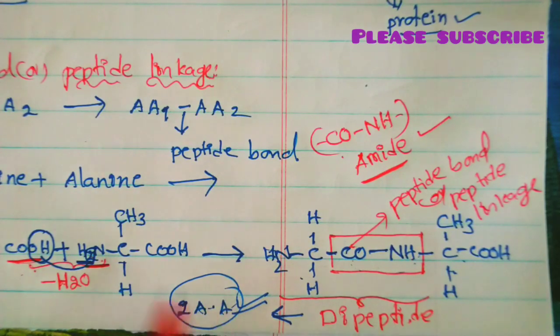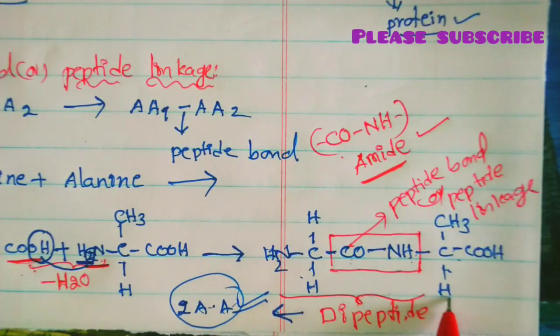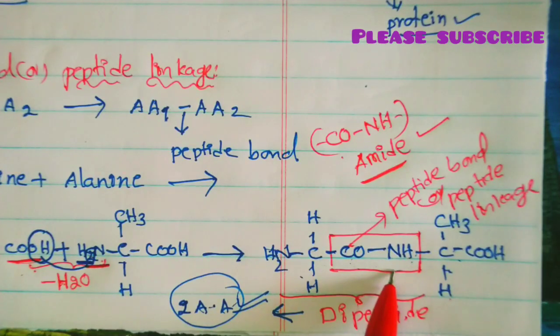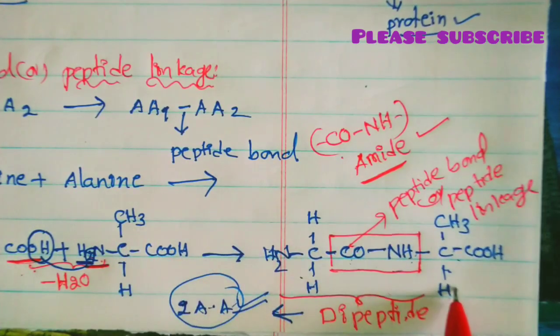Okay. So what is the name of this product? Dipeptide. Suppose I take 3 amino acids. What is the product you will get? Tripeptide. Suppose you take 4 amino acids. What is the product we will get? Tetrapeptide. Like this, penta, hexa, and so on.